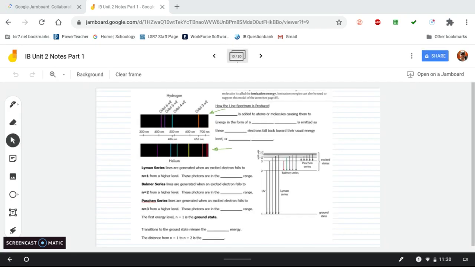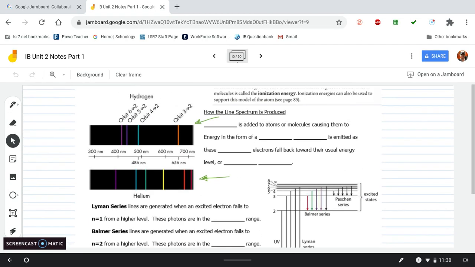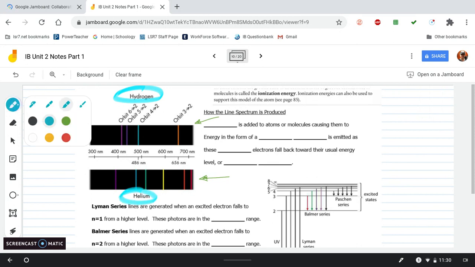Okay, last time we were here talking about line spectrum and the different uses of this. Just to make sure we're on the same page, specific elements give out very specific information. So the information hydrogen gives off is different than the information helium gives off in terms of the line spectrum.